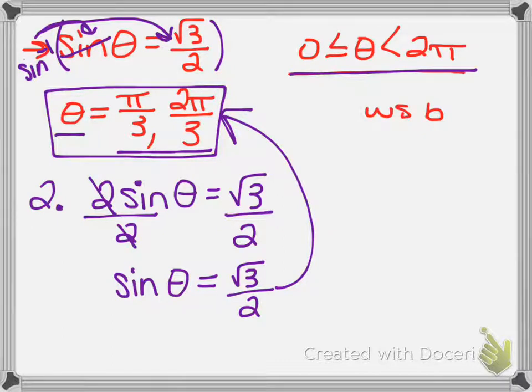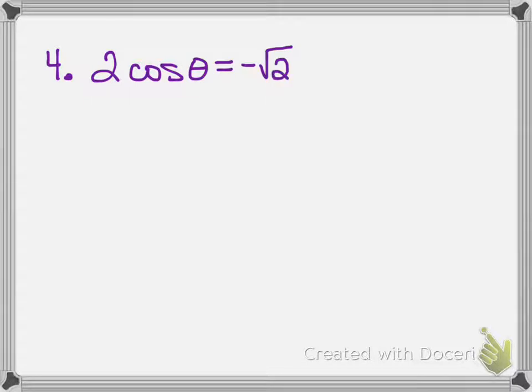Okay, so then, let's go ahead and scroll forward. Equation number 4 on that worksheet C says 2 times cosine of theta is equal to negative square root of 2. And so once again, you would have had that one extra step, which is to divide by 2.